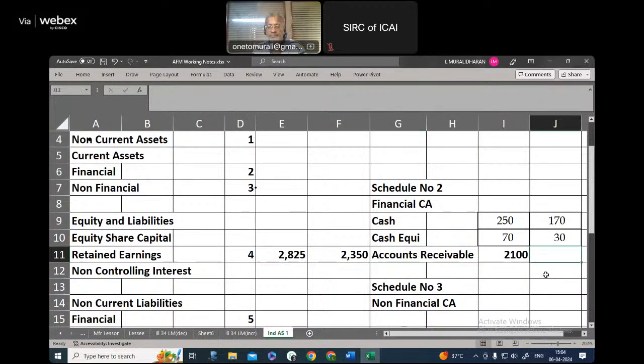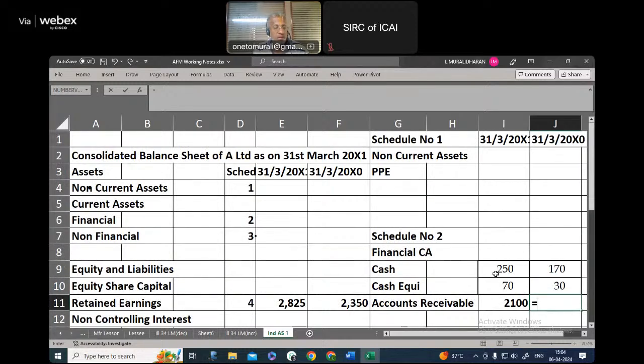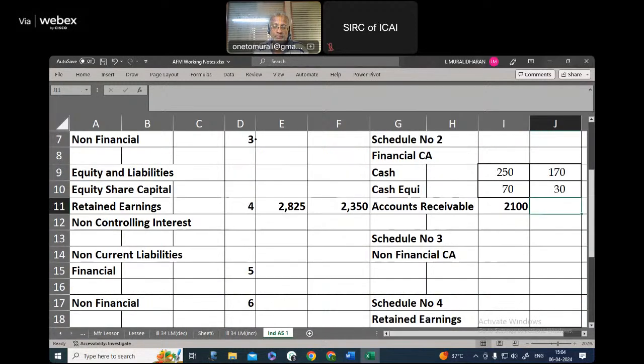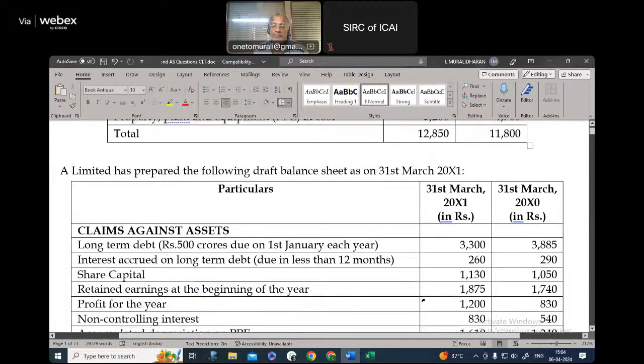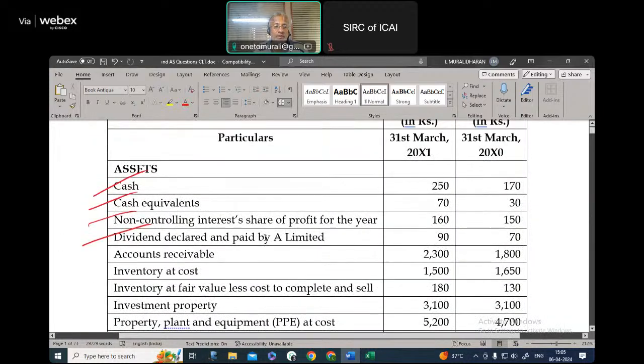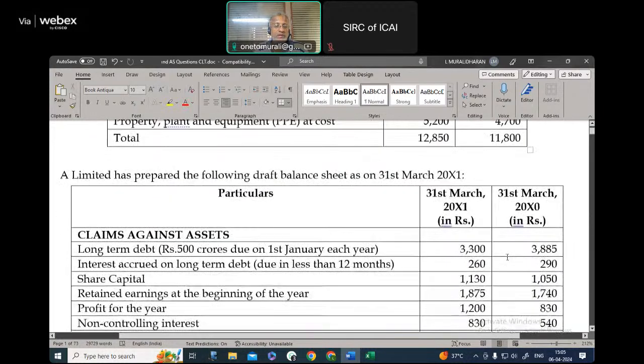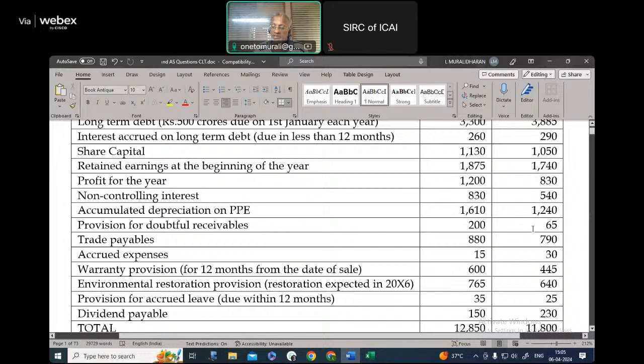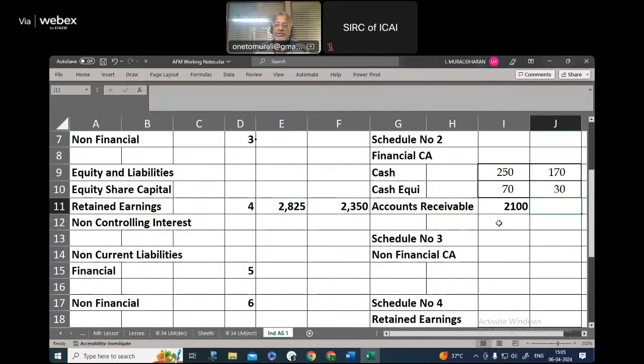Next one, where we have 1865. 1800 minus 65.